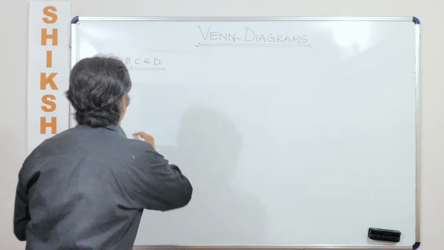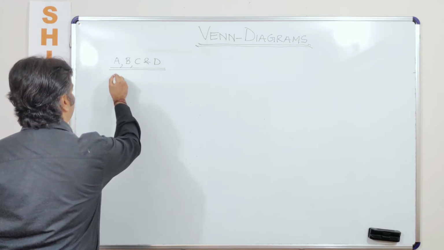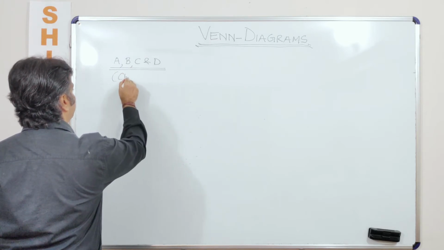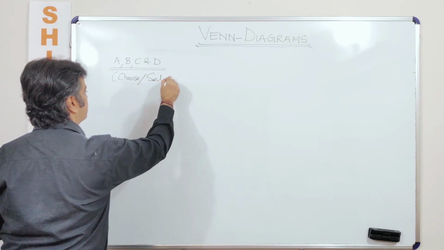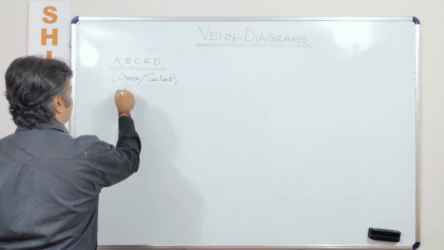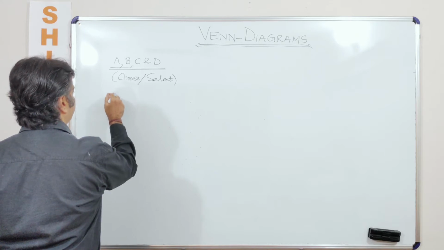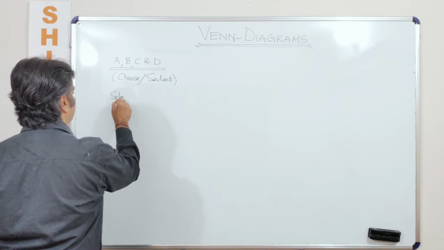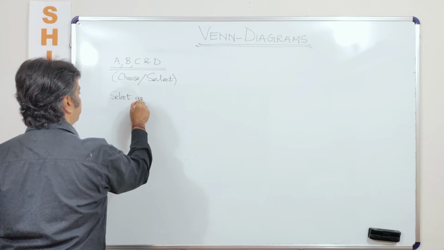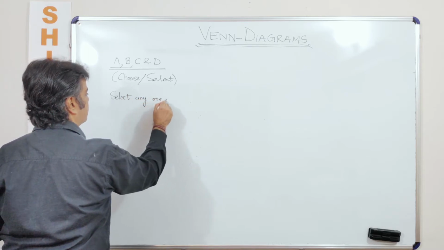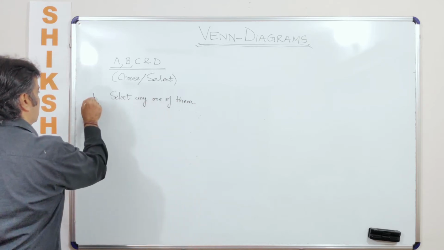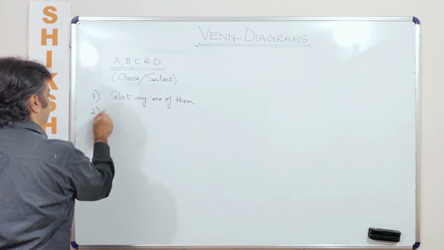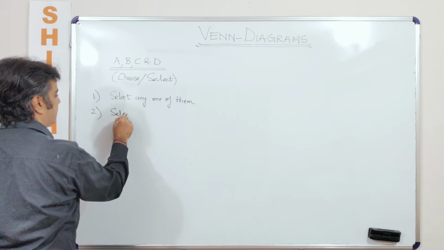How? I'll use the word either choose or select. So if I select or choose any one of them, this is the first case that I would talk about. The second case is select any 2 of them.